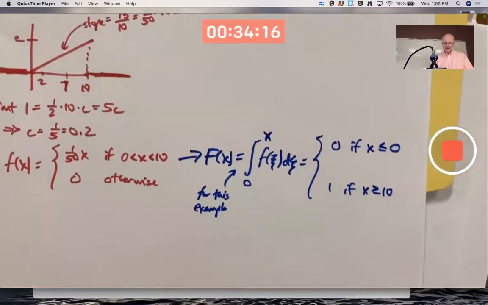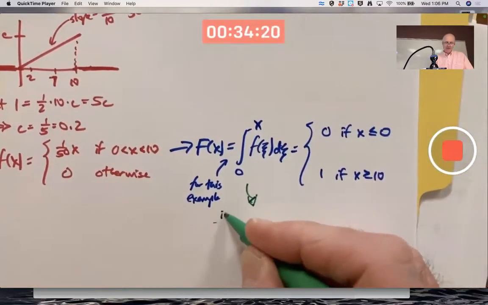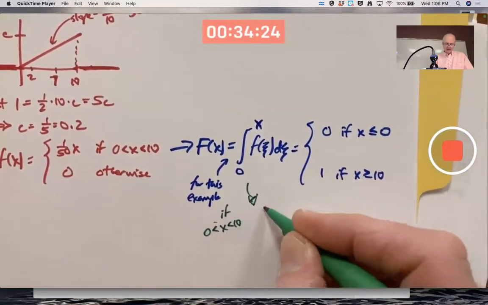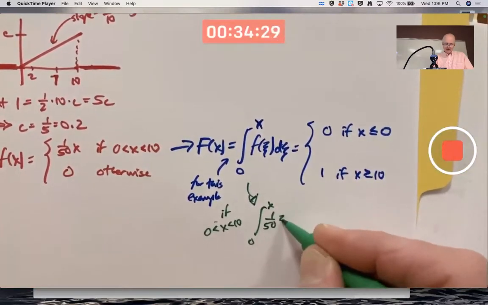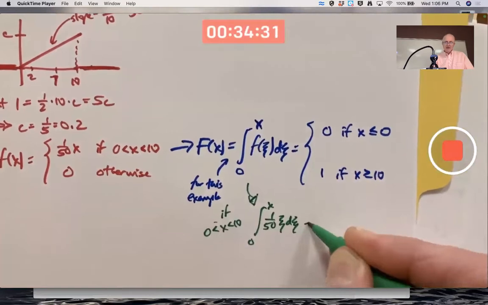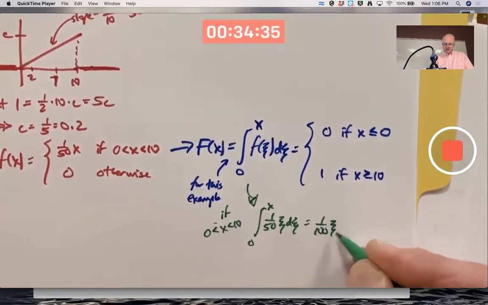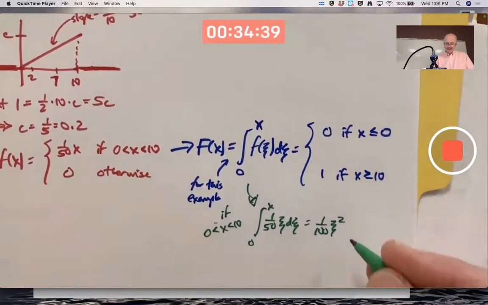Let's do it as a side calculation here. If x is between 0 and 10, I'm integrating 1/50th squiggle, d squiggle, to get 1/100th squiggle squared. What fun. Squiggle squared.